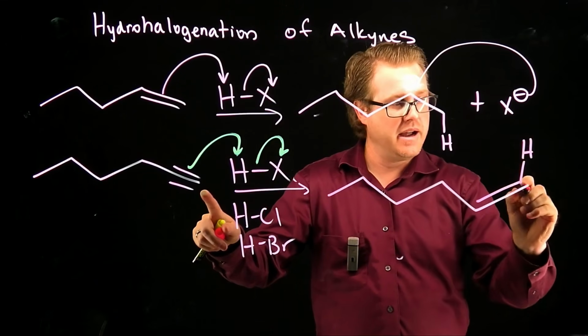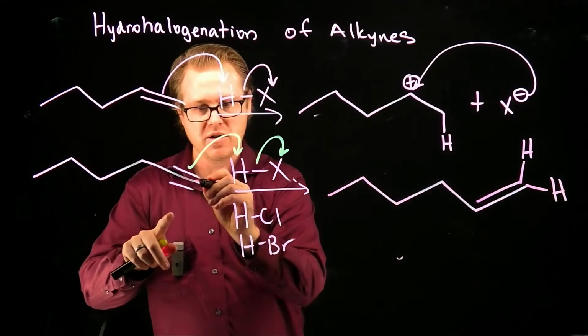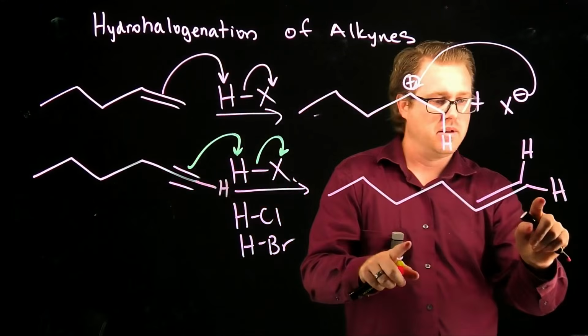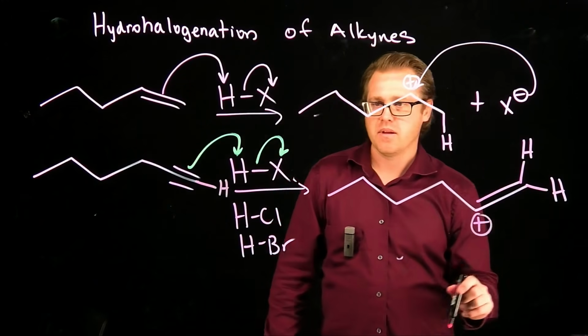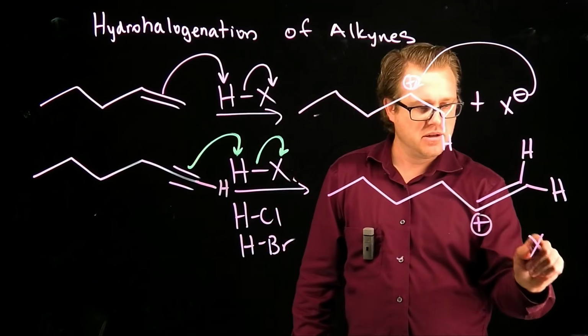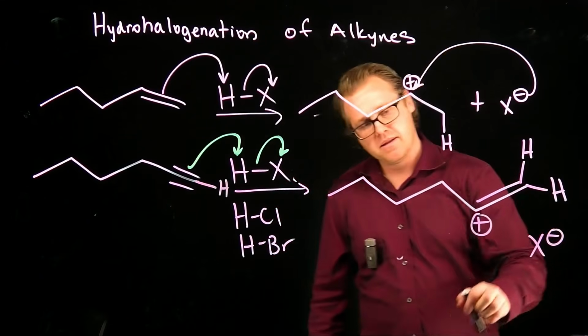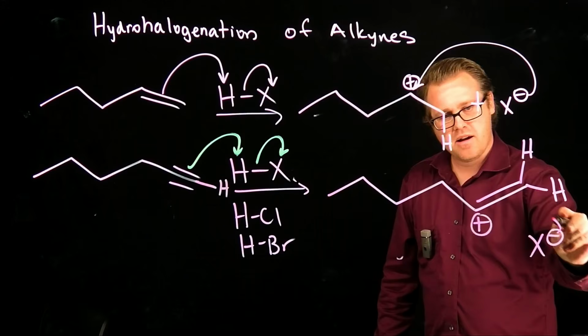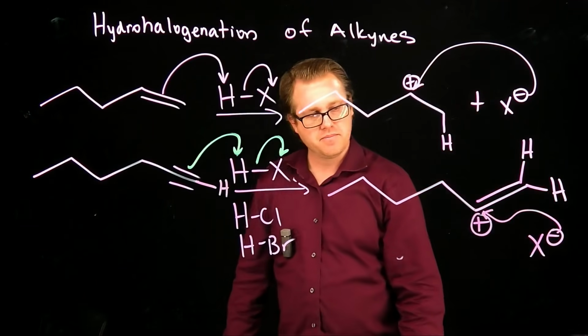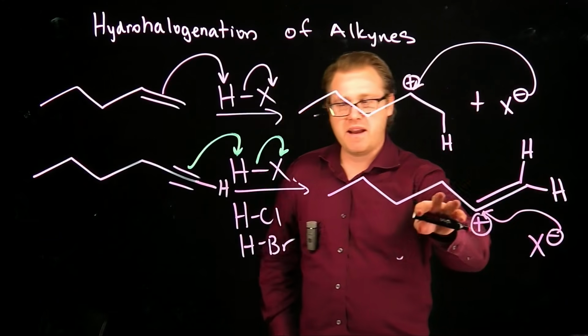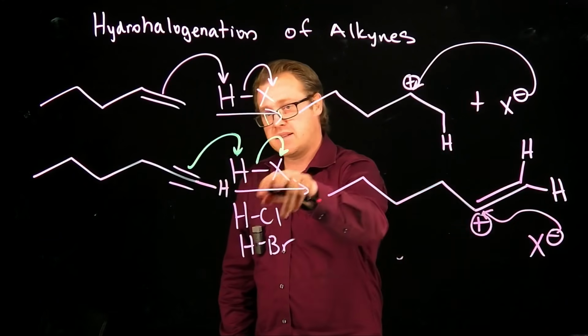Now we have two hydrogens there. We already started with one. But they added there, and then what? We would have a carbocation right there. And then our halogen, whatever it may be, sees that positive charge there, comes in and attacks to give us our product. Now you do the same mechanism over again if you had excess acid.